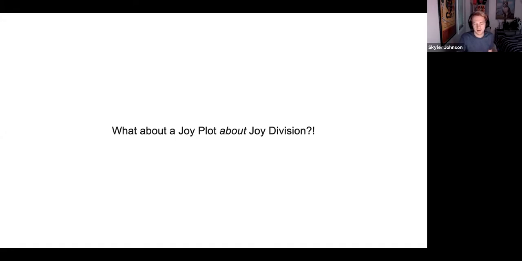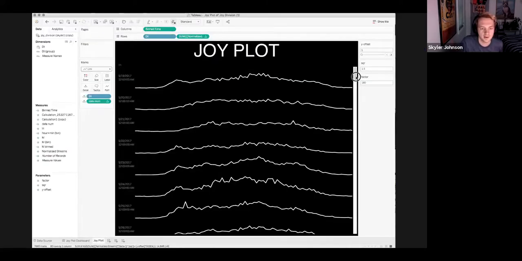I bet I could find a data set, almost reverse engineering the viz, where I find the data set and then stick it into a format. It's almost like it was a meme. So I am going to demonstrate how I did a joy plot.